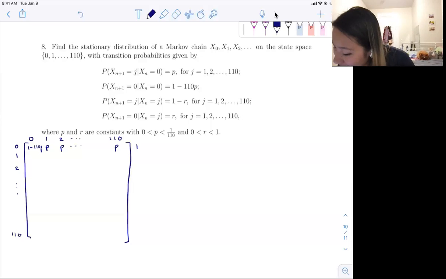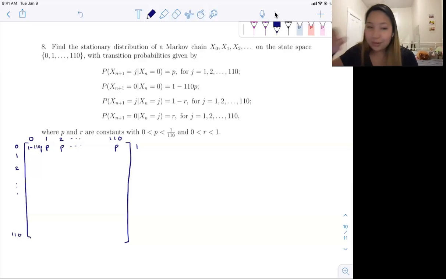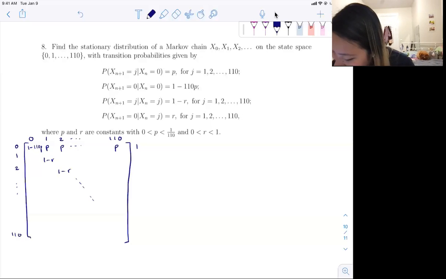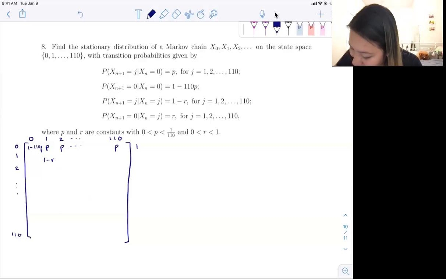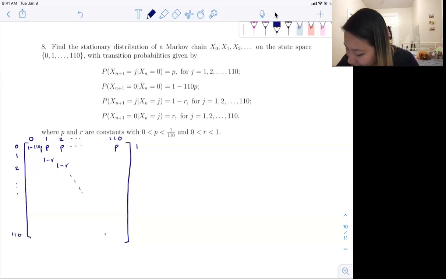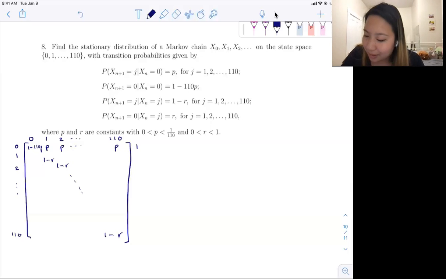And then for anything else that's not 0, along the diagonal it's going to be 1 minus R, that's supposed to be on the 2,2 element, and all along the diagonal it is 1 minus R. And then we can also go back to 0, so it's R, R, ..., R, and everything else is 0.